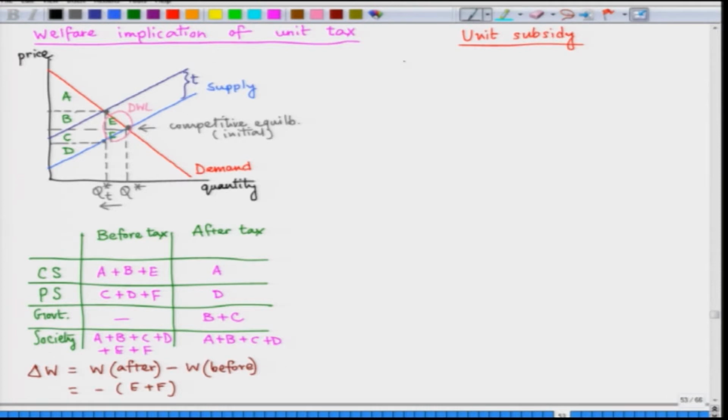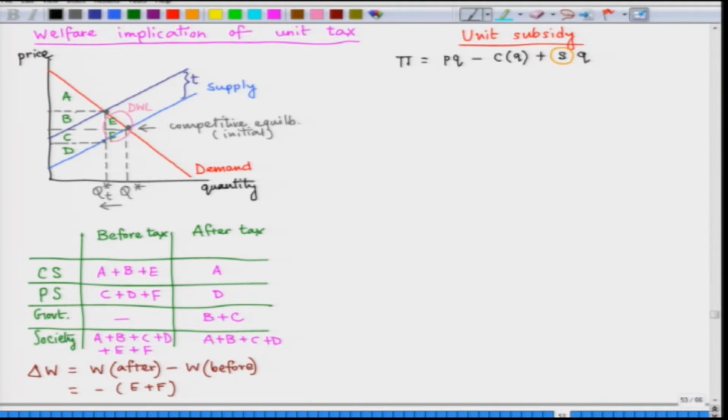So, let us go back to the firm's case as we did in the case of tax also. So, in this case a competitive firm's profit expression or equation would be written as revenue minus cost, but this time he will receive some per unit subsidy which is given by this symbol S, and we have to multiply this per unit subsidy with quantity level that this firm finally produces, right.